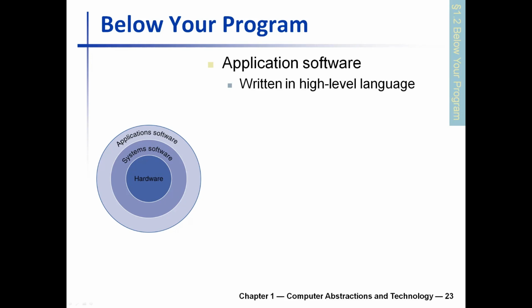Application software is written in high-level languages like, say, C or Java or R or Python or whatnot. There are so many hundreds and thousands of high-level languages, each optimized for some specific types of programs, specific types of applications, right?